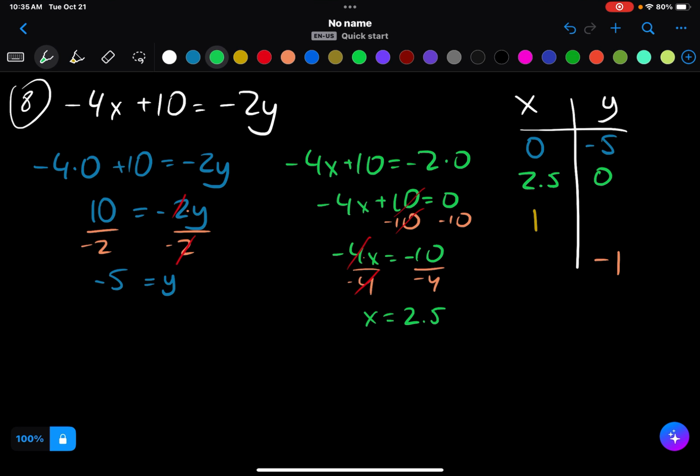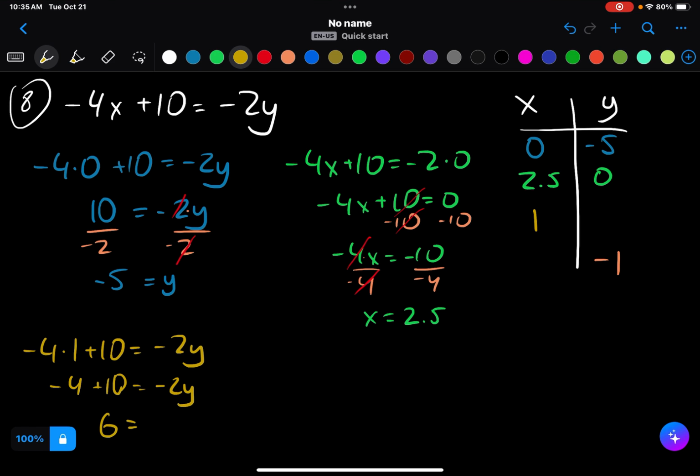Let's do the last 2 numbers as well. So when x is 1, we have -4 times 1 plus 10 equals -2y. So it'll be -4 plus 10 equals -2y.